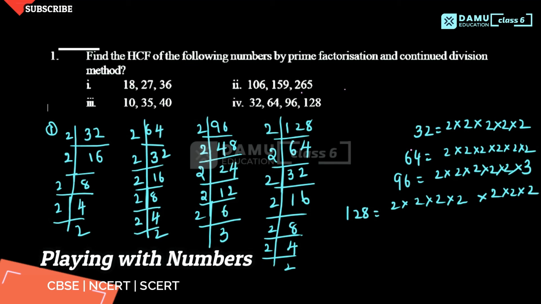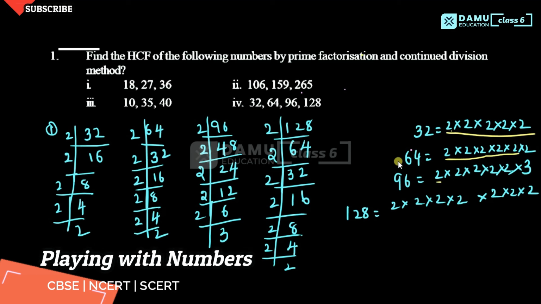So what is the highest common factor? What value is common here? Let's take how many 2's are there. Everywhere 4 2's are there commonly, 5 2's are there. So let's take 5 2's. Here also 1 2 3 4 5 2's are there.